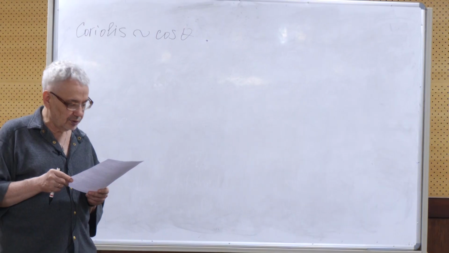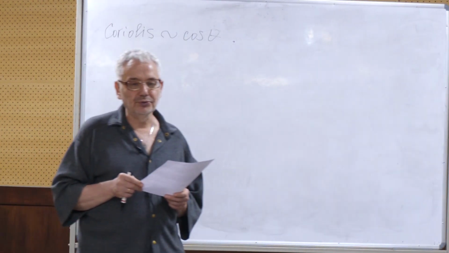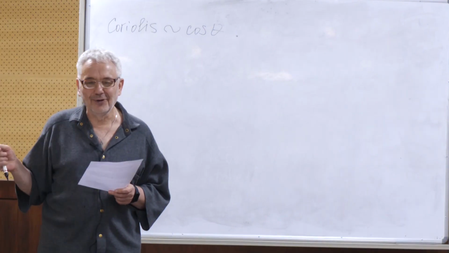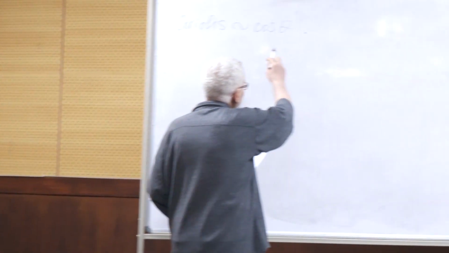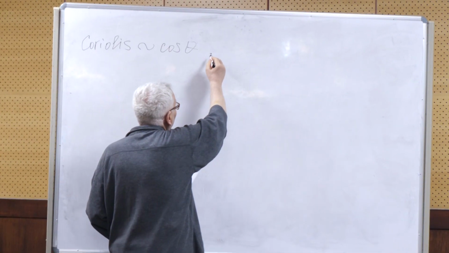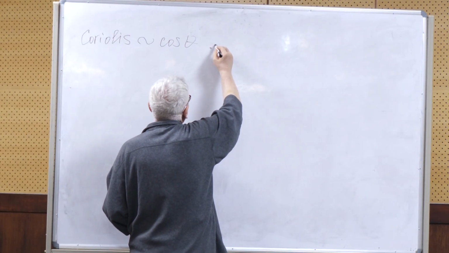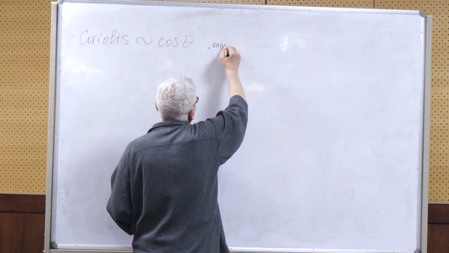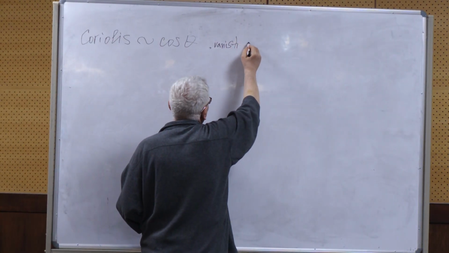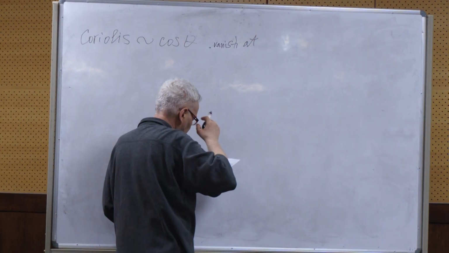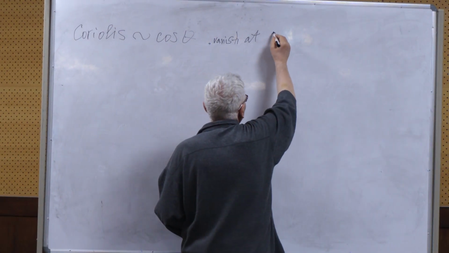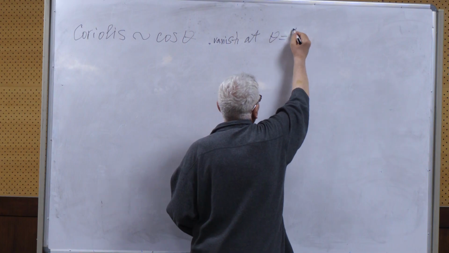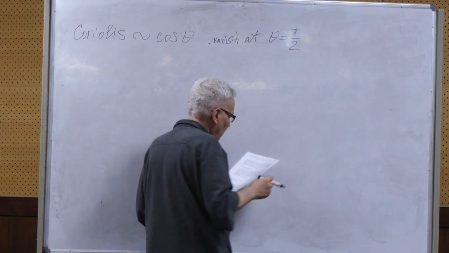Okay, just believe that it's proportional to the Coriolis force, because it's difficult now to find this equation from the previous chapter. So in this cosine, if we consider the equator, at the equator, where this theta is equal to half of pi.